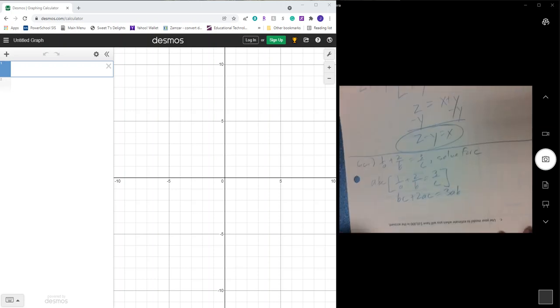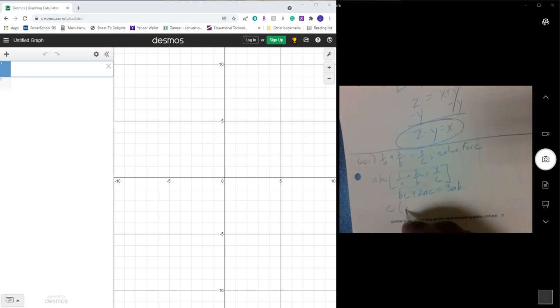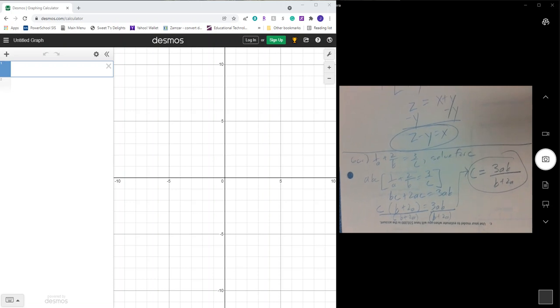Now remember, we want to get c by itself. So we can factor out a c. And we have b plus 2a is equal to 3ab. Now we would divide each side by b plus 2a. So our final answer would be c is equal to 3ab divided by b plus 2a. And this is our final answer. And we're done with section 5.5.